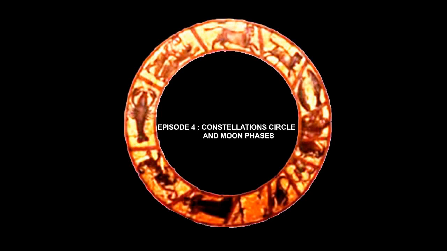The center of the constellation circle and the North Pole make a full circle too, every 26,000 years.